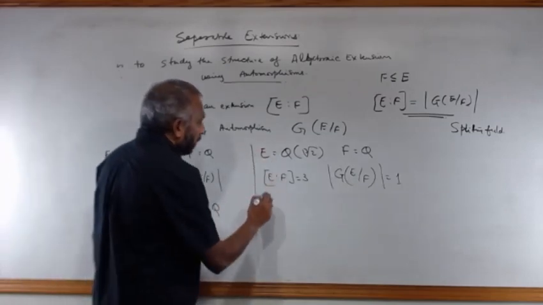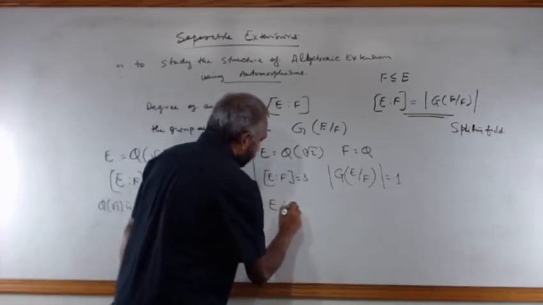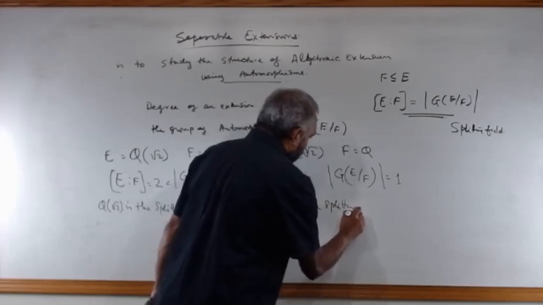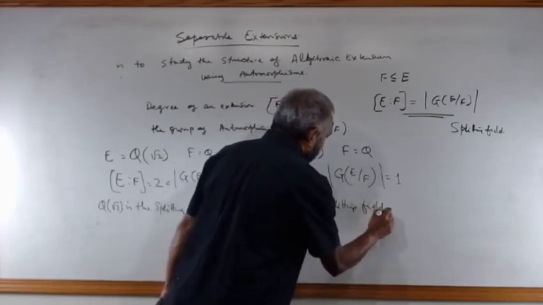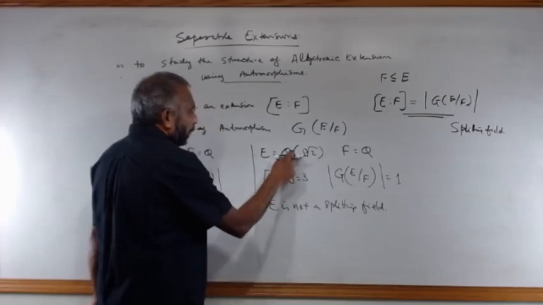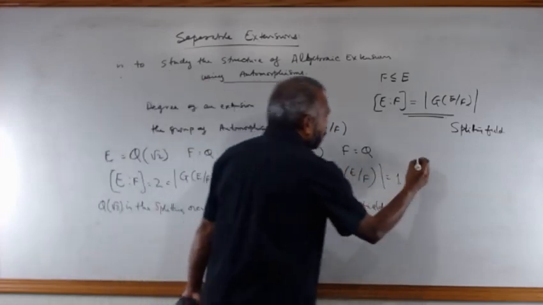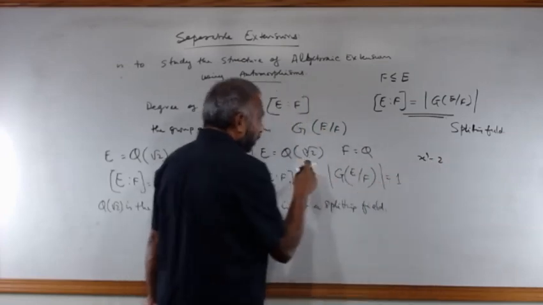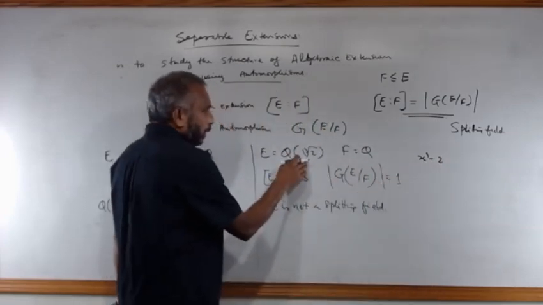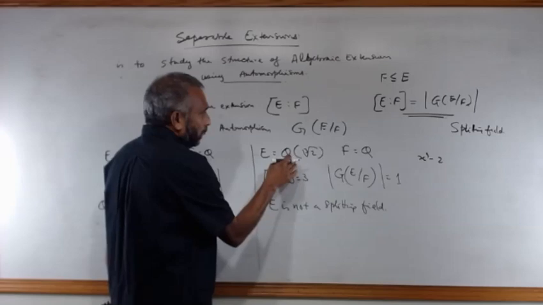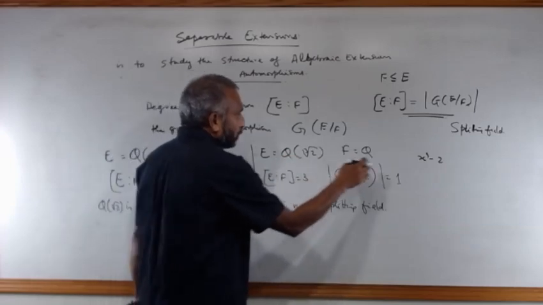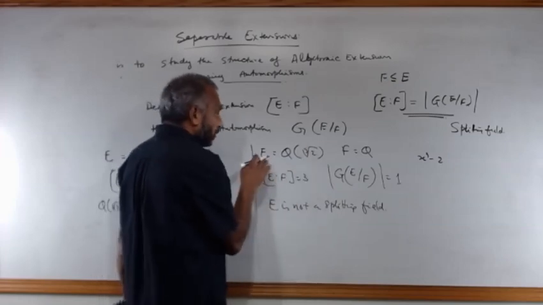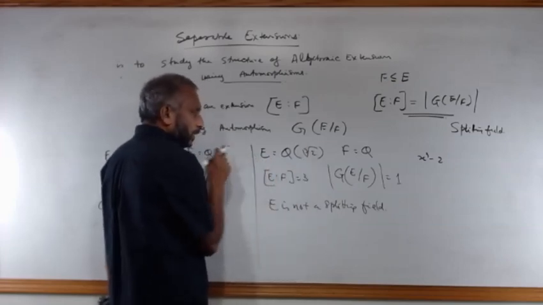That is because E is not a splitting field. The irreducible polynomial is x cube minus 2, and not all zeros of x cube minus 2 are in E, only one of them is in E.